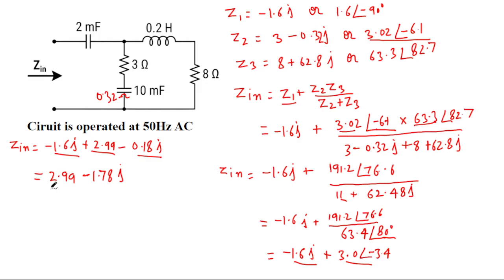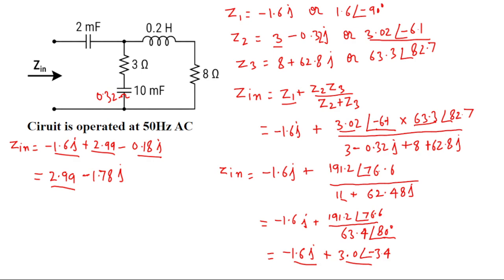The real part is always given, like in this one we have written 3 minus 3J. The real part basically represents the resistance, and the imaginary part represents either the inductance or the capacitance. If it is negative, it means it is a capacitor, because in a capacitor this imaginary part is negative, and for the inductive part it is plus, like in Z3.